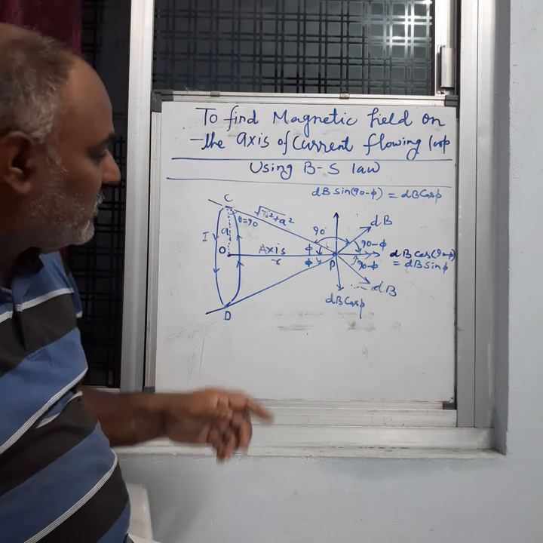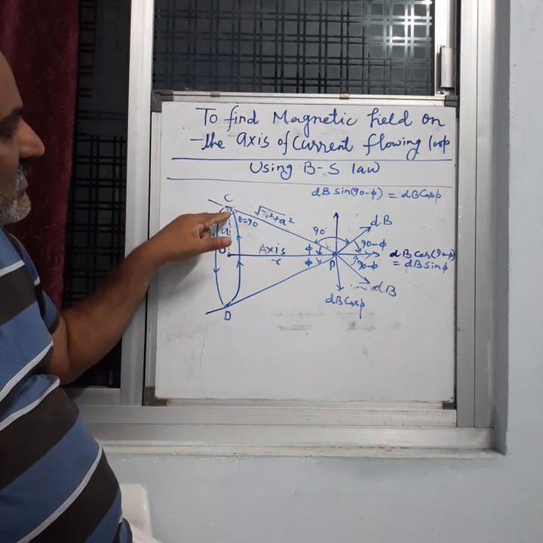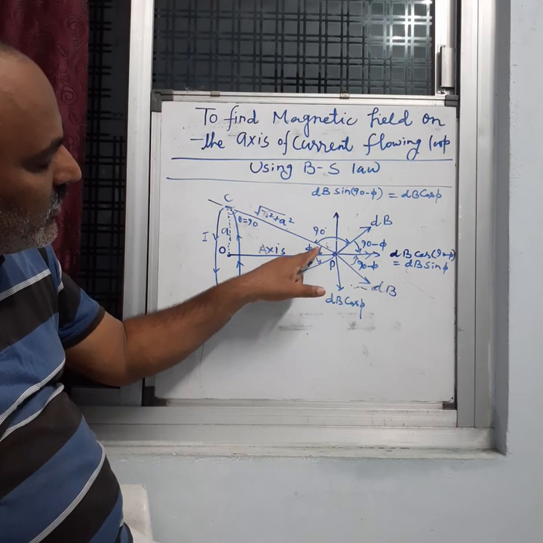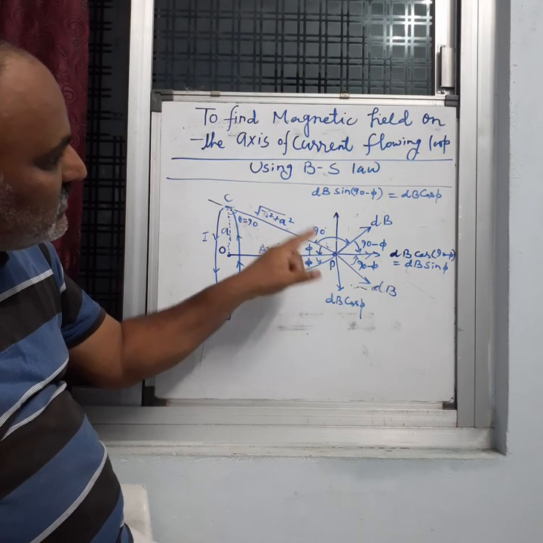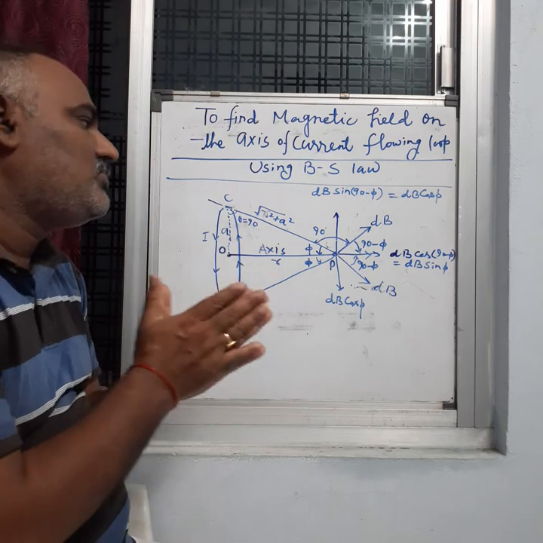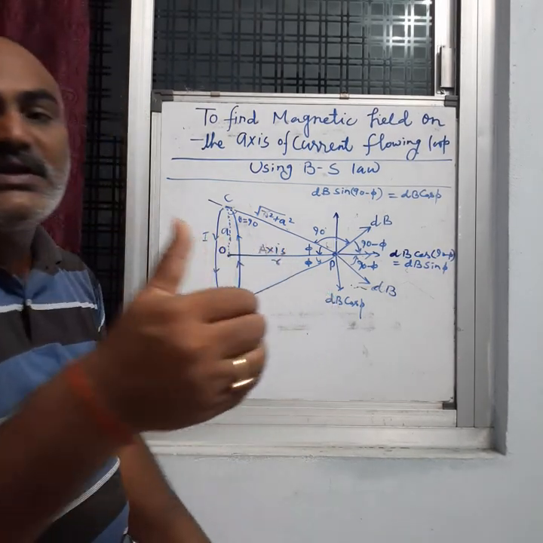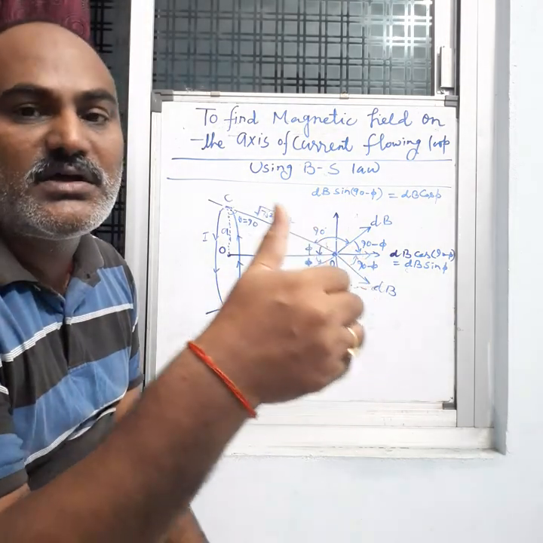See what happens, this angle is 90 degrees, and this angle we are calling phi. First we decide the direction of the magnetic field. The direction of the magnetic field can be found by the right hand curl rule.